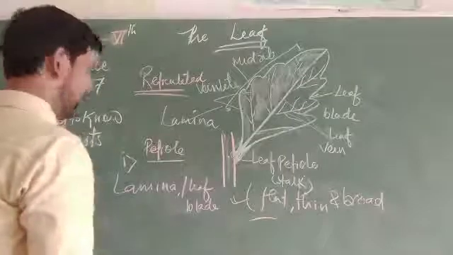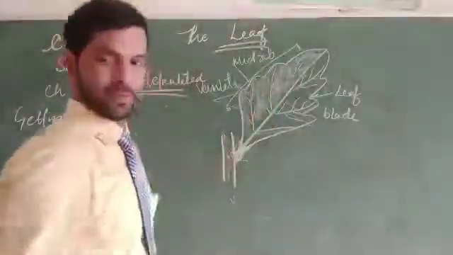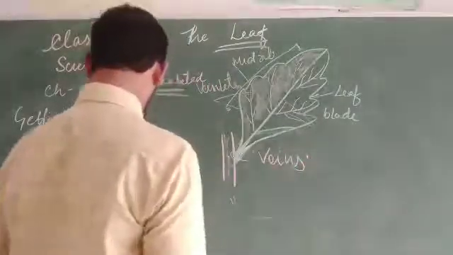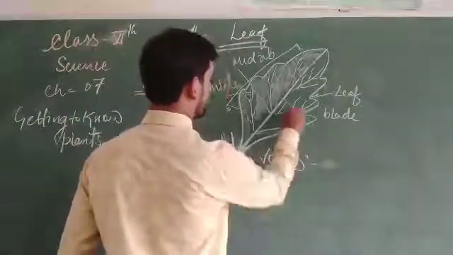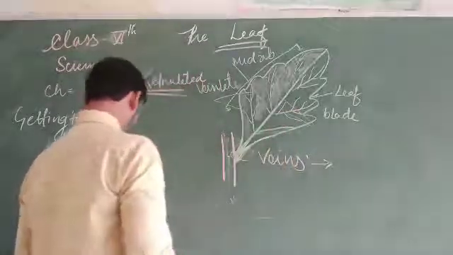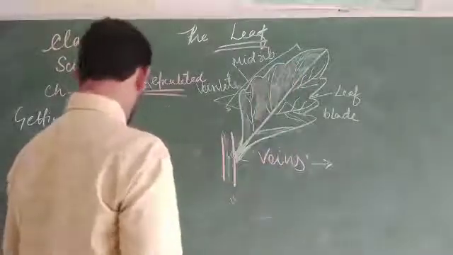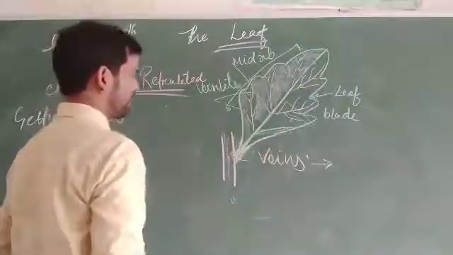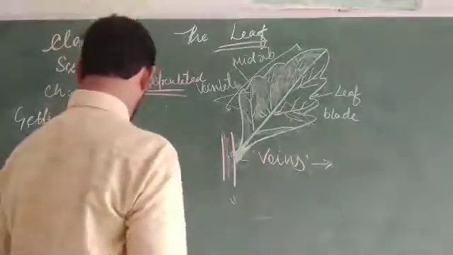Next is veins. What are veins? What are they used for? Veins are a network of small, narrow, tube-like structures on both sides of the midrib.